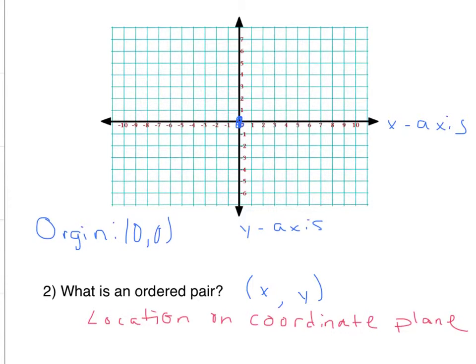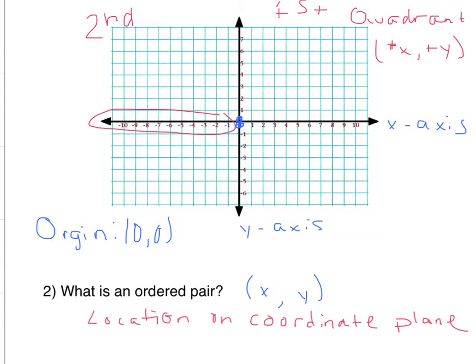Ordered pairs in the first quadrant will always be a positive x, positive y. In our second quadrant, we will have a negative x, as you can see right here, and positive y.